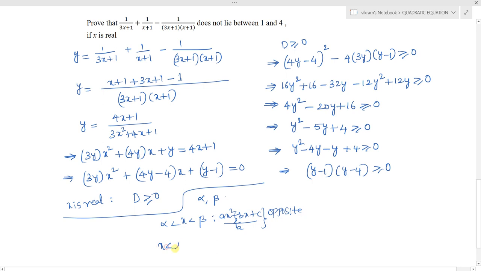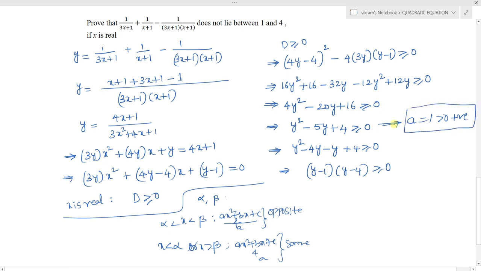But for x less than alpha and for x greater than beta, the expression and the coefficient of x square will have the same sign. Here the coefficient of x square is a equals 1, which is greater than 0, that means positive. So a is positive, and we are asked to show the expression is also positive. So we need to check for both having the same sign.